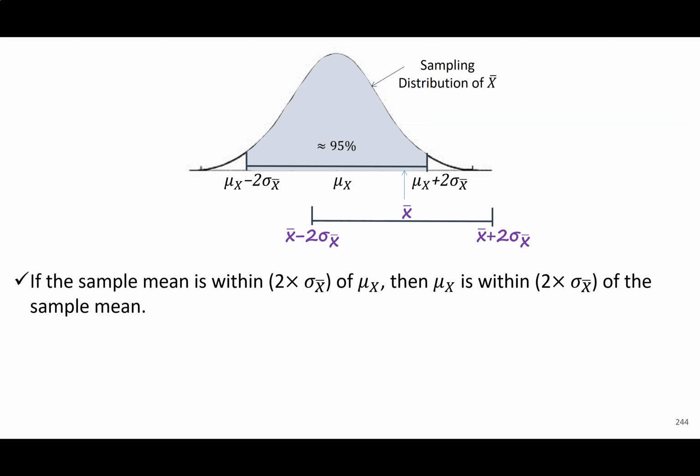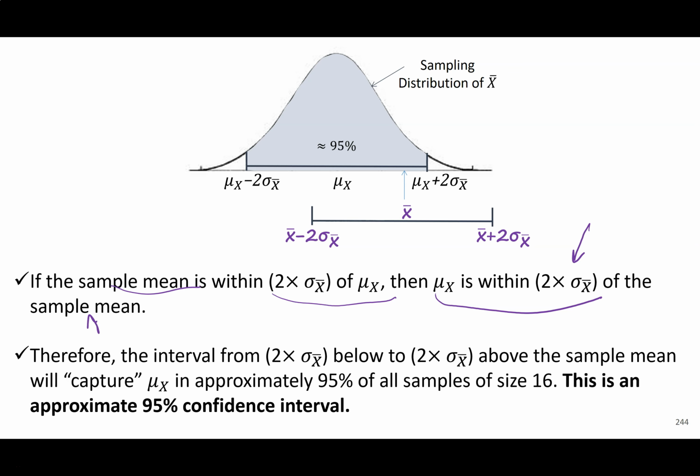So the idea is, if our sample mean is within 2 standard deviations of mu, we could also say mu is going to be within 2 standard deviations of the sample mean. So A is as far from B as B is from A, kind of idea. And thankfully, we know where the sample mean is, and we can calculate how far 2 standard deviations are.